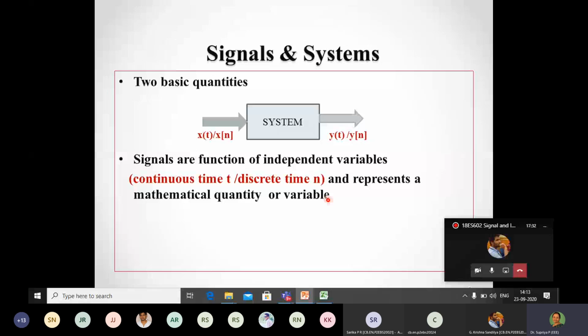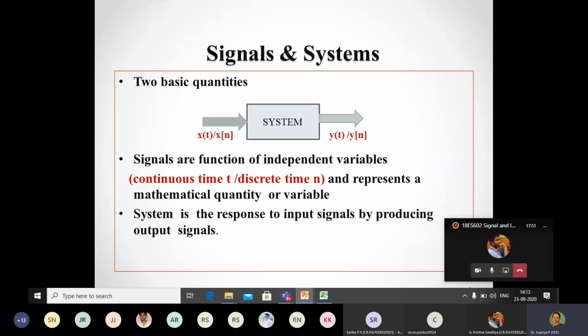In other words, it could represent pressure, voltage, current, or it could even represent a human being. A signal could also be the presence of a human being, as is usually done in an embedded system application, where you will be counting the number of people, etc. And a system is the response to input signals by producing the output signals.